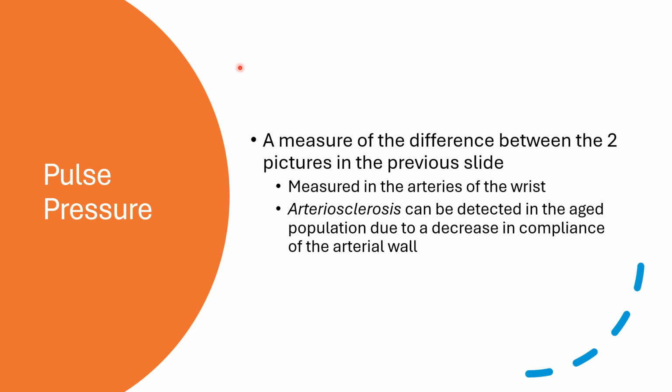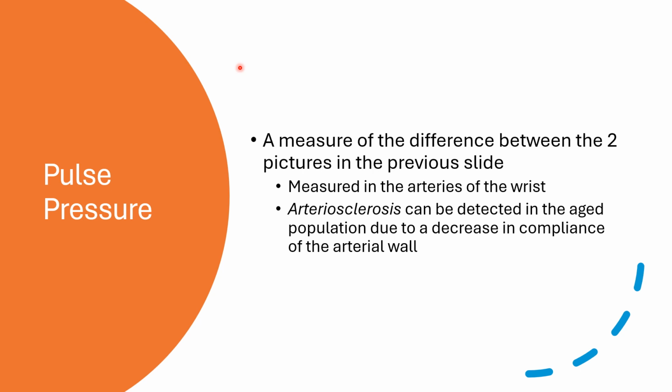Arteriosclerosis can be detected in the aged population due to a decrease in compliance of the arterial wall. So what you're going to see is changes in pulse pressure in the geriatric population, because as we age, all of our muscle cells, which have worked so hard, so long, doing their job for us, are now not as elastic as they used to be.